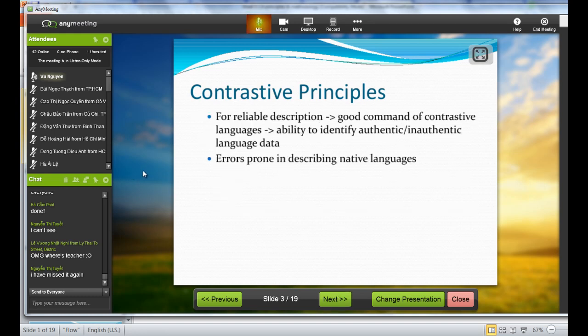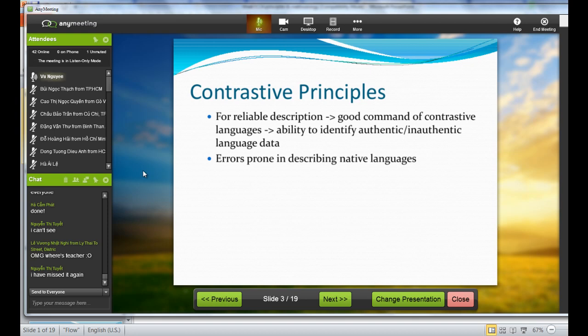Now, in order to have good and reliable descriptions, you are required to have good command of the contrastive languages.